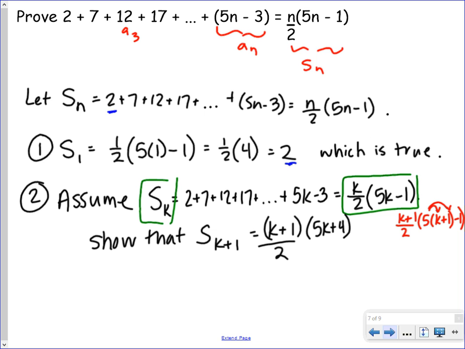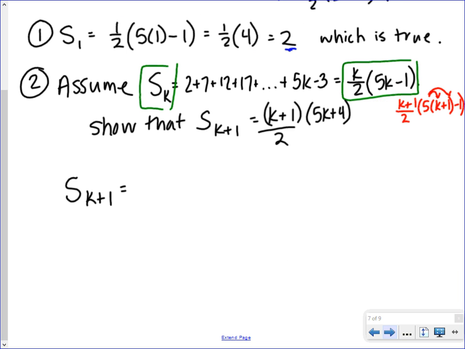Okay. So now we actually get down to the nitty gritty and actually prove that. You've got to start with S sub k plus 1. If you were going to do the sum of the first k plus 1 terms, you would start with the first term plus the second term plus the third term.